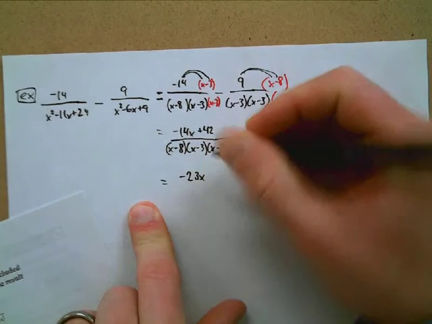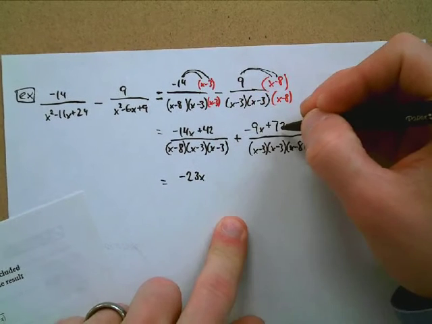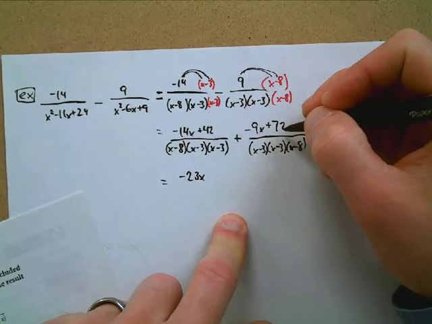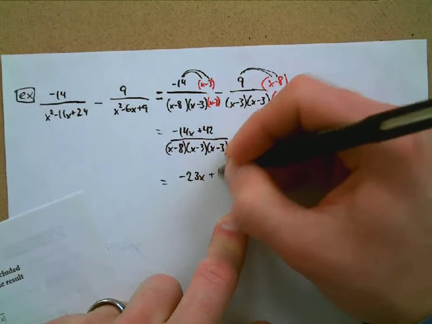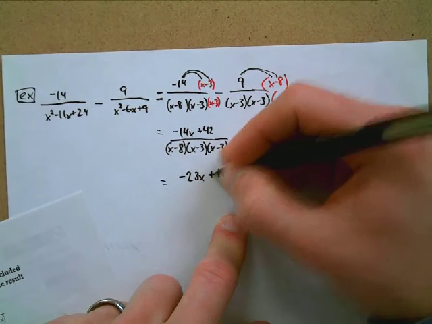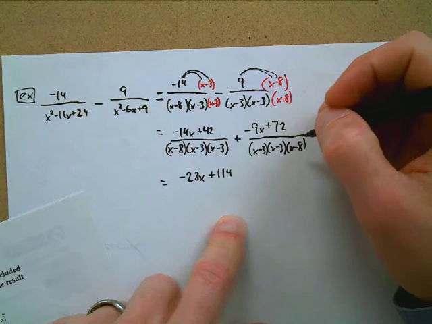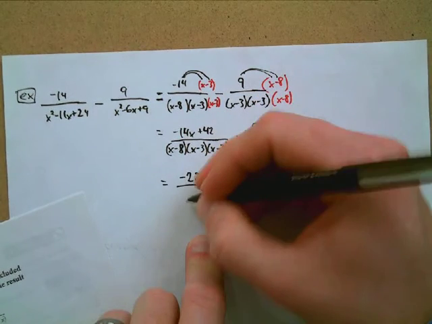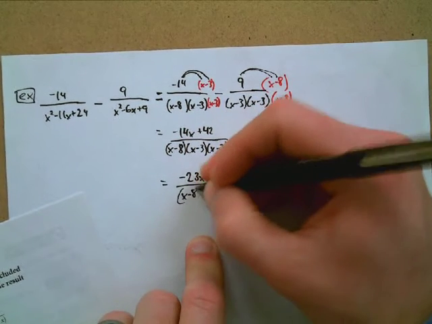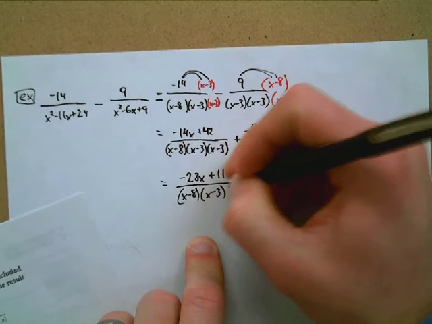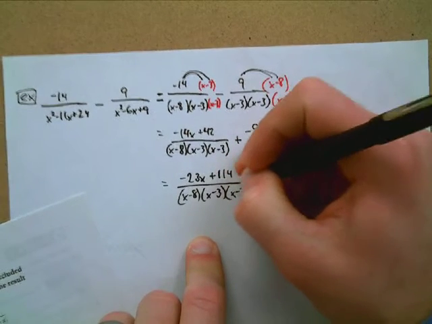And then 42 plus 72 is 114, all over x minus 8, x minus 3, x minus 3. Just like that.